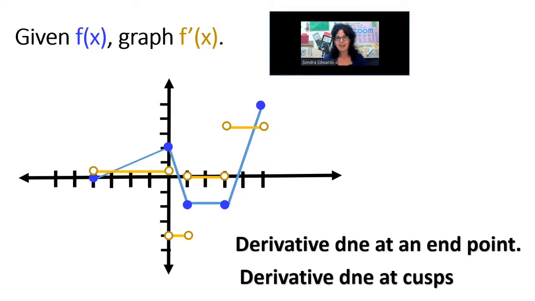The only graph that I haven't drawn in to go from f of x to f prime of x is if the function f of x, let's say, had a vertical asymptote. Well, the slope of a tangent at a vertical asymptote, the graph's not there, so f prime of x would also not have an answer at a vertical asymptote.